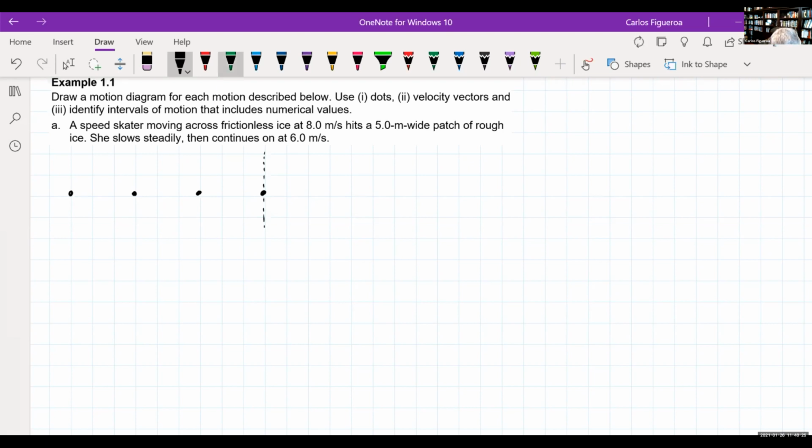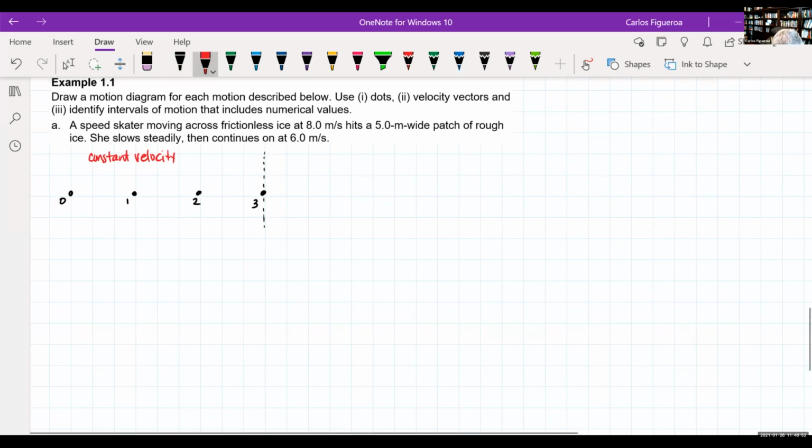The way I see it, I'm going to start here. Now note that she's already moving at constant velocity. So here I'm going to say constant velocity. That means I already know that she's moving at constant velocity. So when she gets to this point 0, I know that there's an interval beforehand that tells me that she was moving at constant velocity.